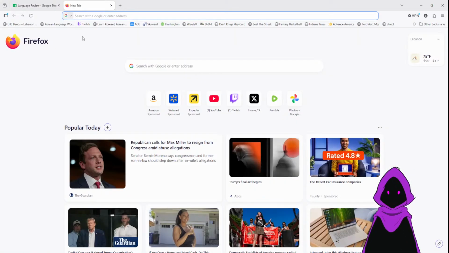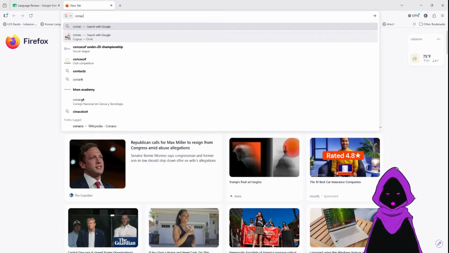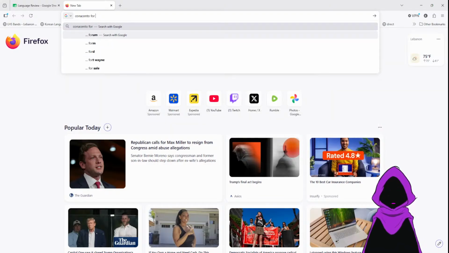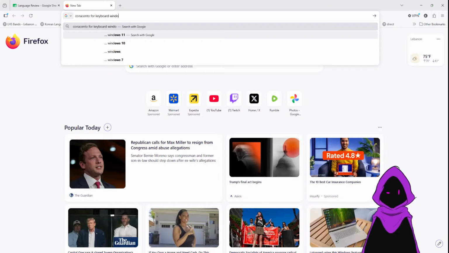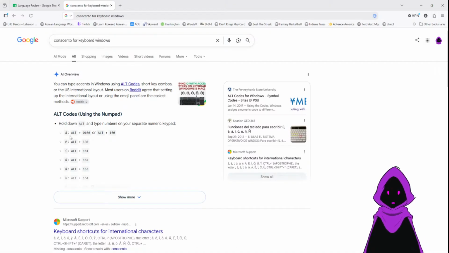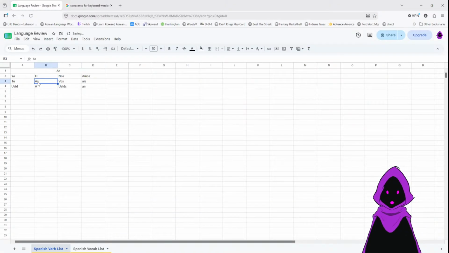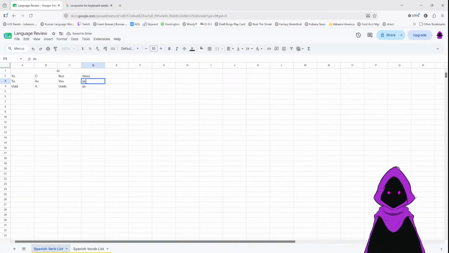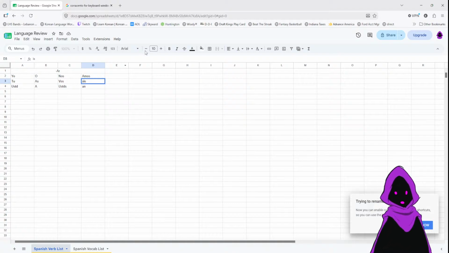I need to figure out how to do an accent on Windows real quick. It's Alt plus 0, 160. So we go to áis, because that's the one I have to do it on. Alt 160.